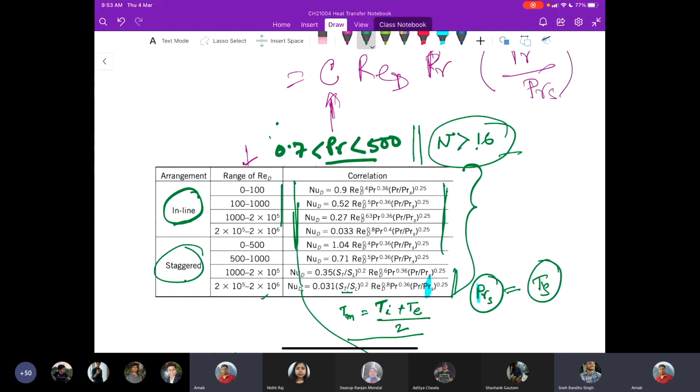So the calculation should match what we have done in the previous class. Kind of, but in order to make a generic relation, people proposed these values based on their experiments for tube banks higher than 16, but then people try to use a single correlation for all possible cases in order to avoid complexity or remembering multiple equations.